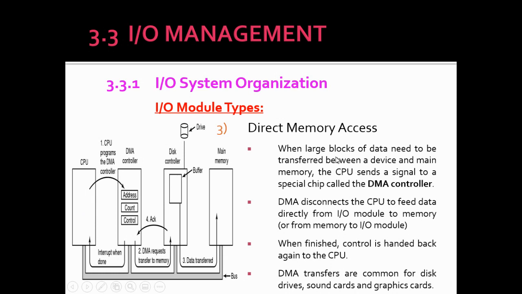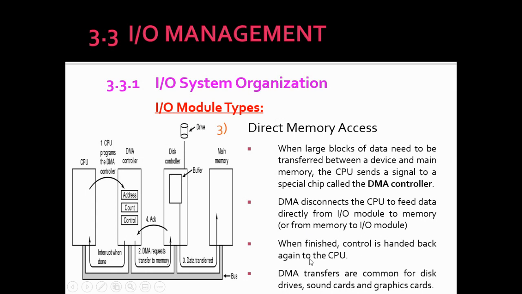However, when there is large data coming from the input output device, for example, if you're downloading large files, the CPU will send a signal to a special chipset. What is a chipset? This is a kind of register, used to send a signal to the direct memory access, meaning the data will not go through the CPU, but instead go straight into the memory to be downloaded first.